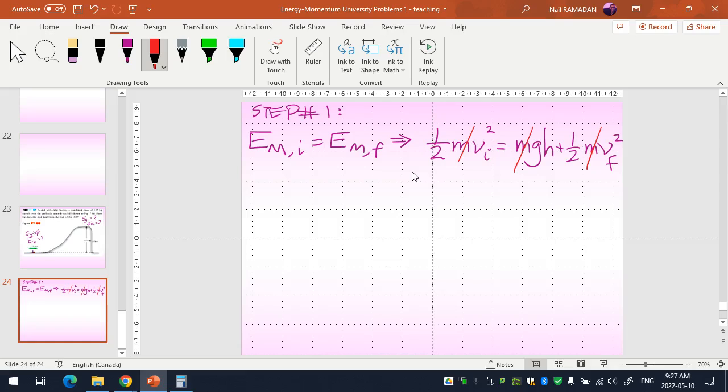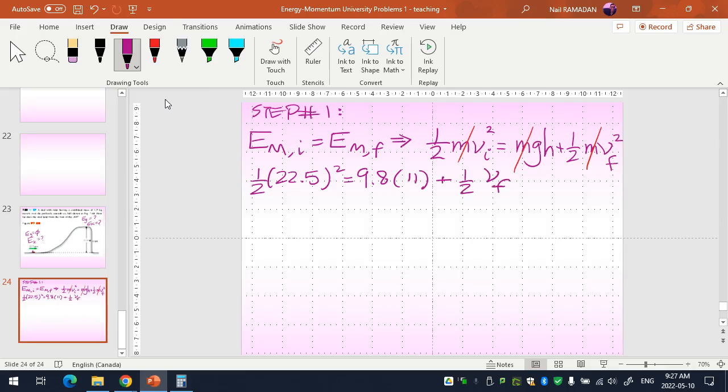All right, let's solve. So, 1/2 VI squared, where VI was 22.5, so 22.5 squared, equals 9.8 times 11, the height you said, plus 1/2 VF squared.